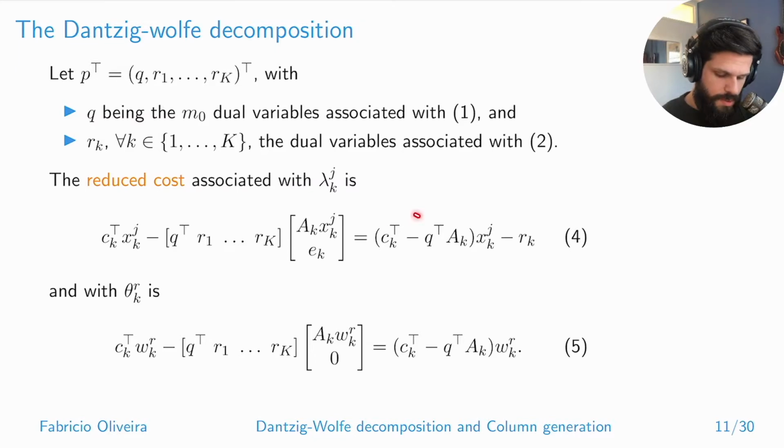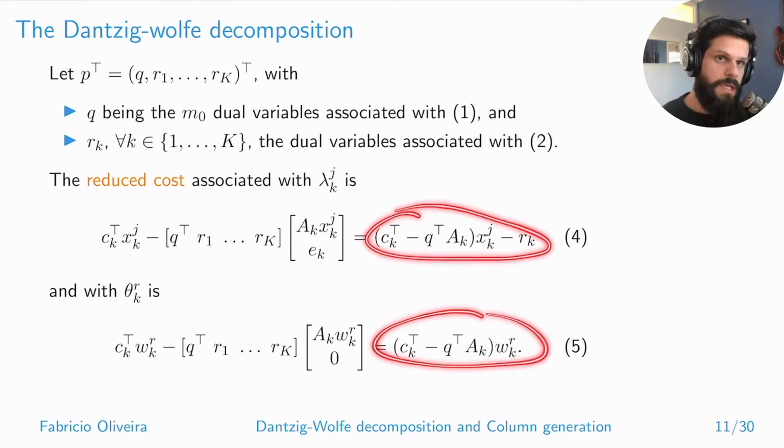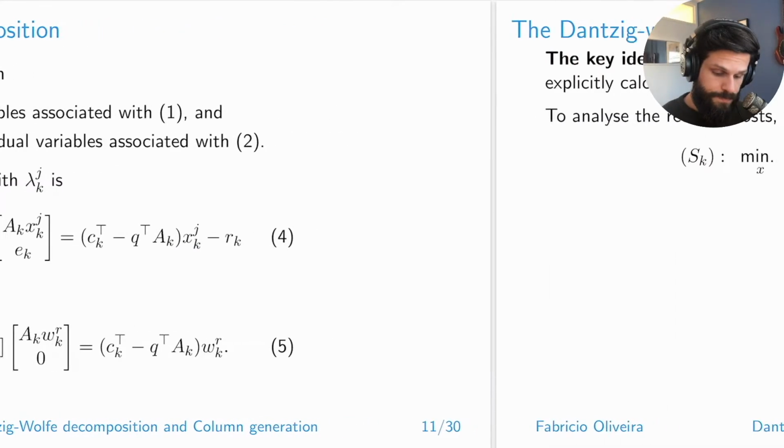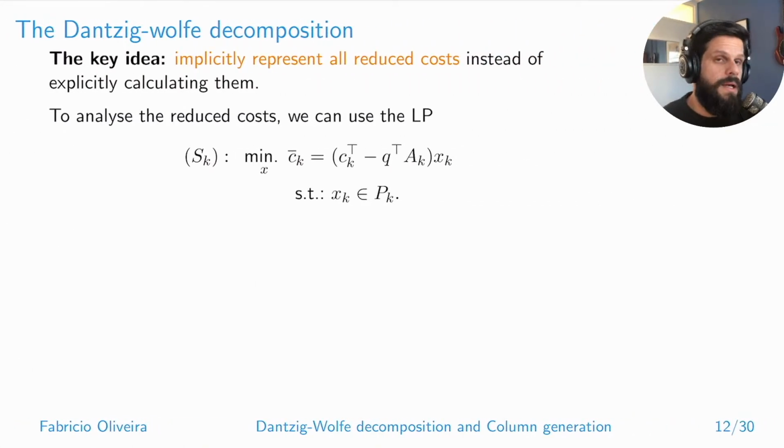Now, looking at the reduced cost in this format might give you some idea, because even though I can't list all of those, I can look at the implicit representation of that. And that implicit representation comes from an optimization problem in X. So the key idea here is that I have a finite structure to represent my main problem that I'm iterating using this simplex-like approach.